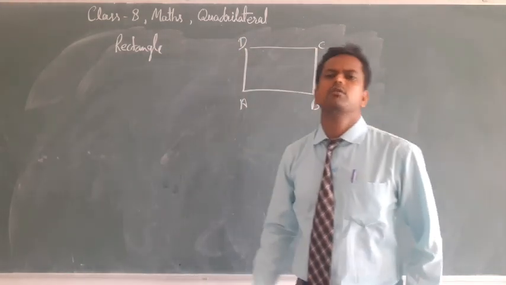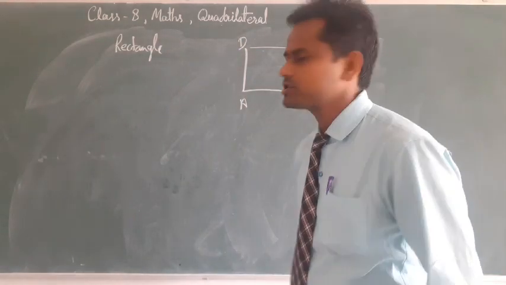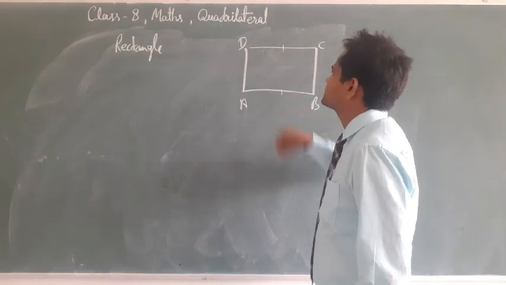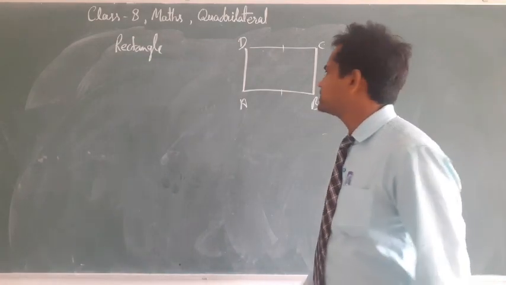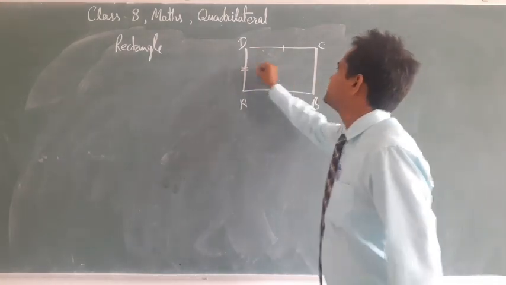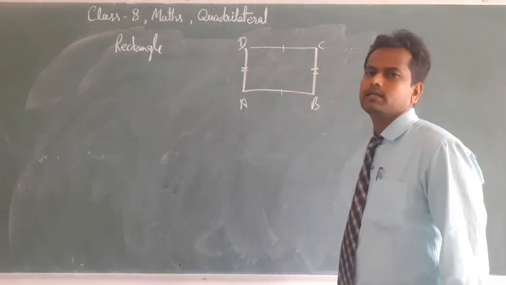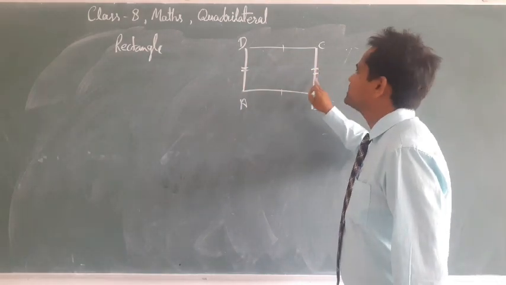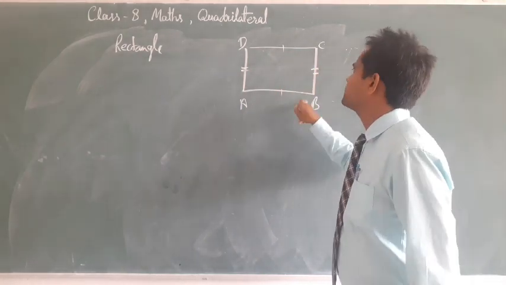A rectangle is also a parallelogram in which opposite sides are equal and parallel to each other. It means AB is equal to CD and AD is equal to BC, AD parallel to BC, and AB parallel to CD.